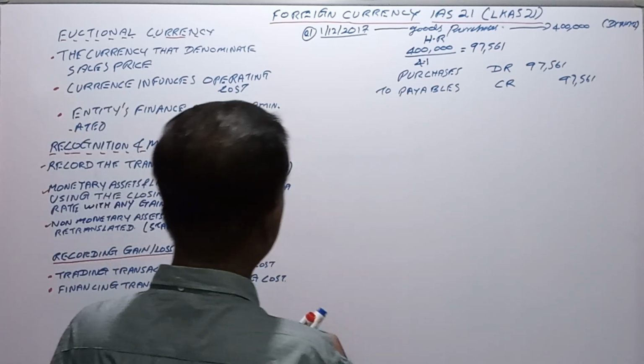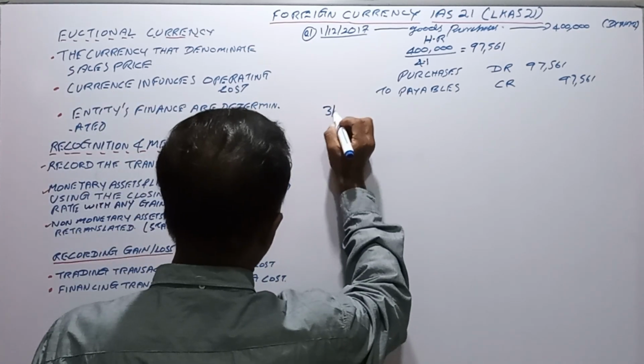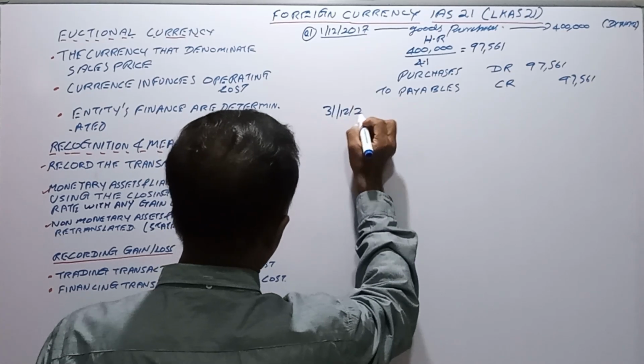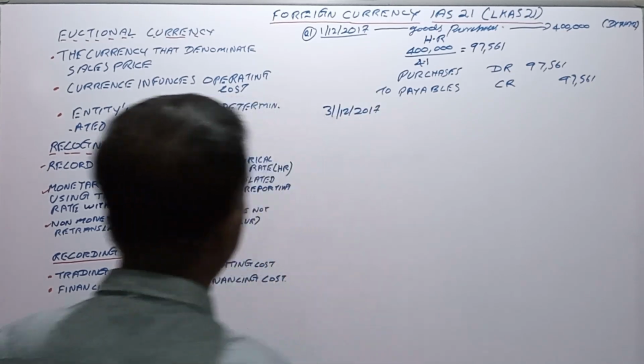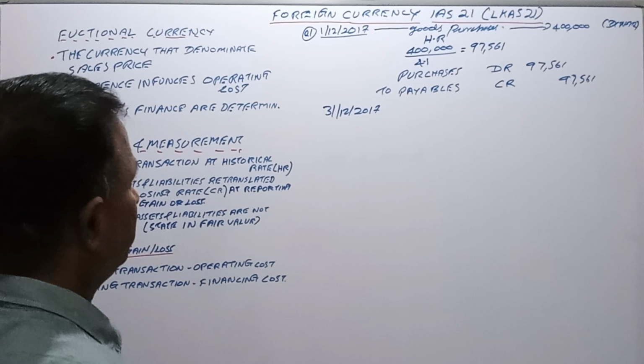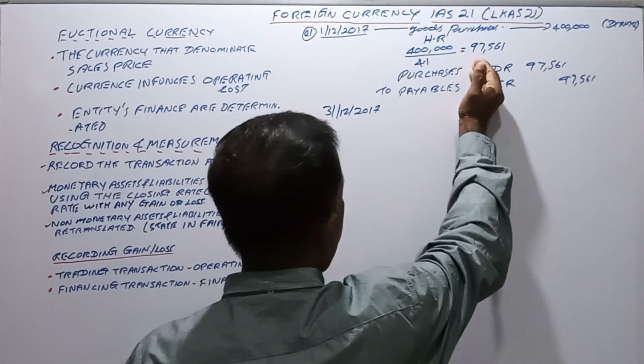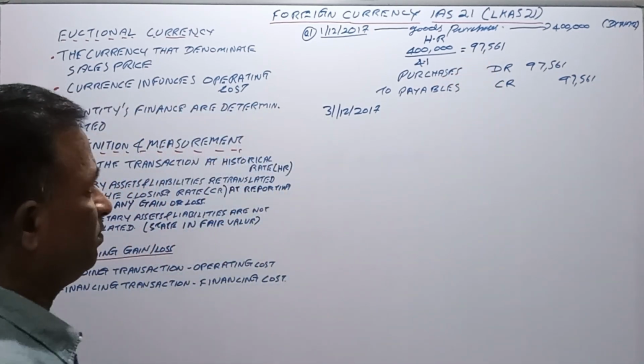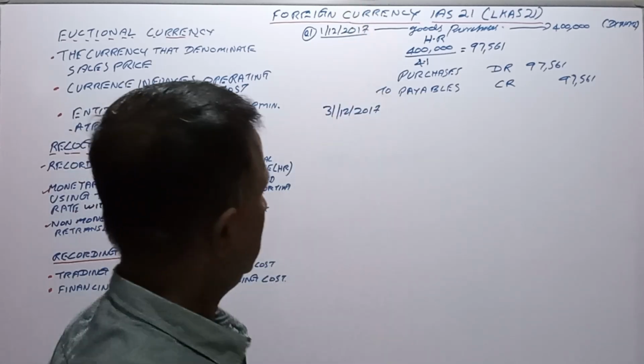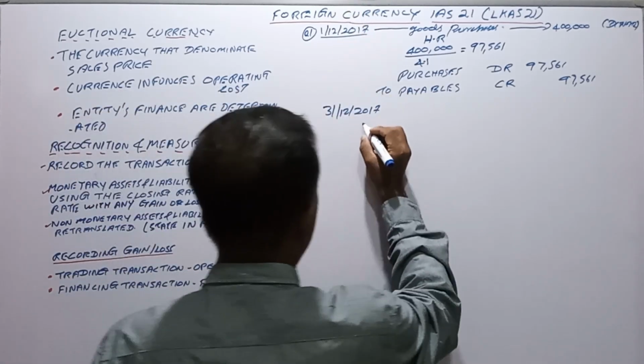And third, year end, 31st December 2017, right? The inventories are there. At year end, we will have the inventory.